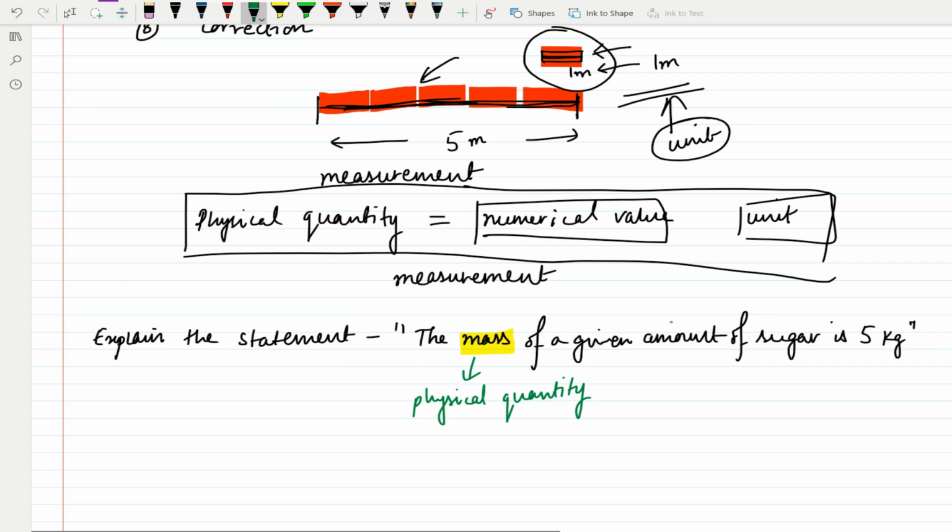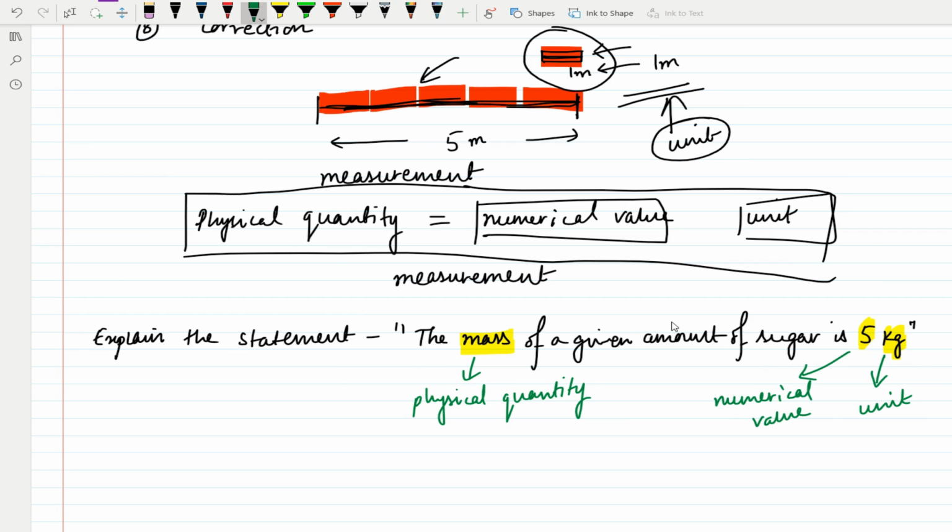Next, this value is the numerical value, and this kg is the unit. So what does this statement mean?